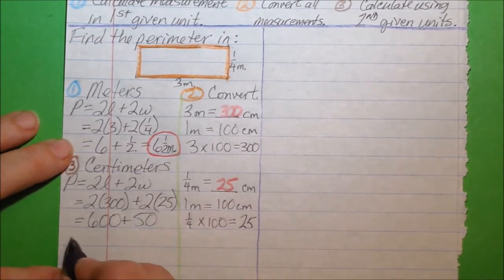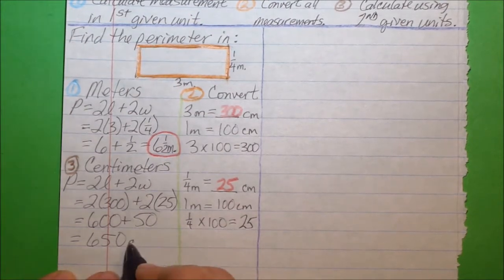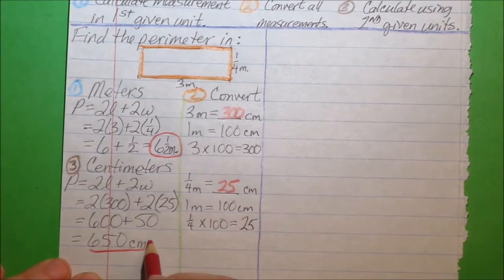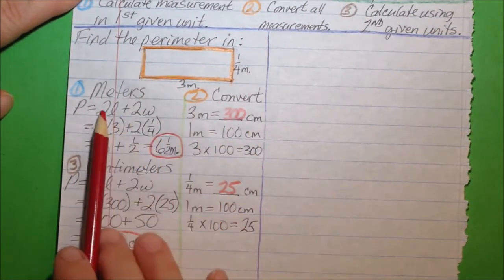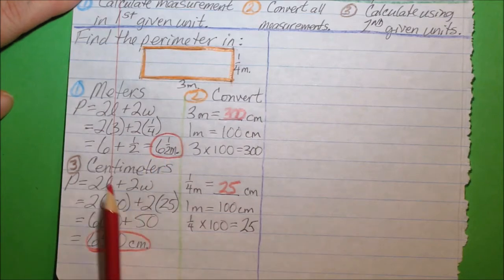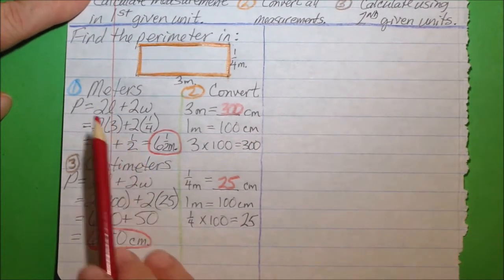So we've got a very simple 650 centimeters. Not squared, this is perimeter, centimeters. All right? So now we've found the perimeter of this shape in meters, 6.5 meters, and in centimeters, 650 centimeters. And those are the 3 steps.